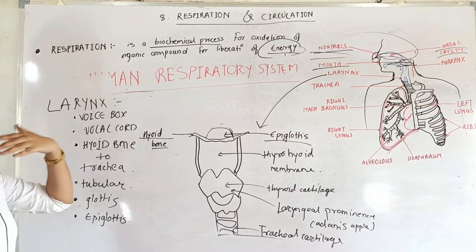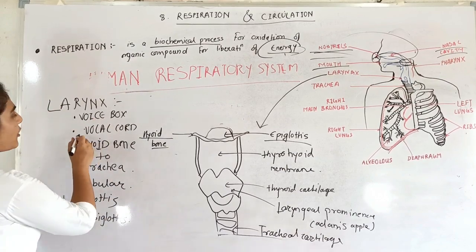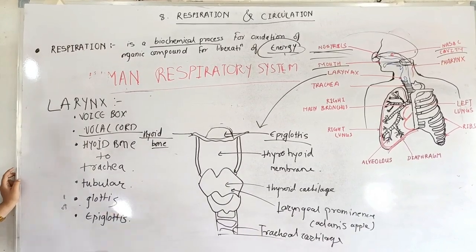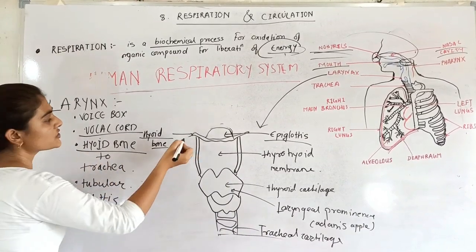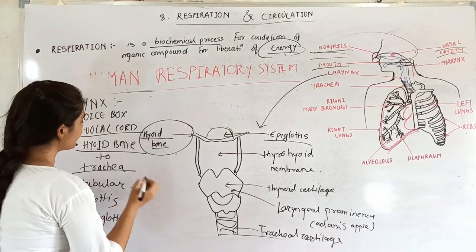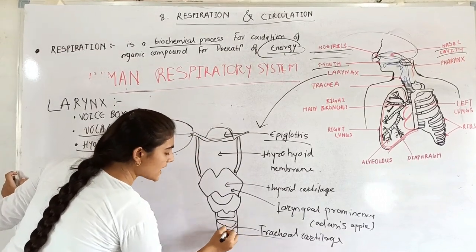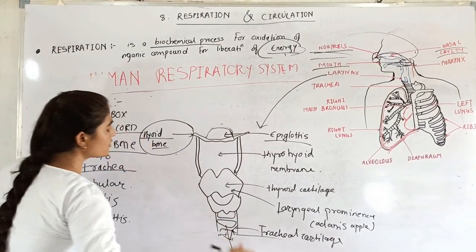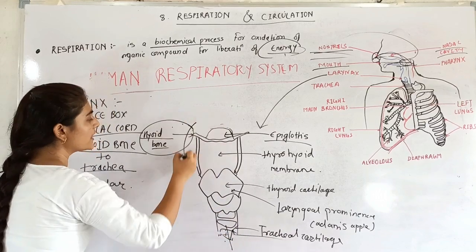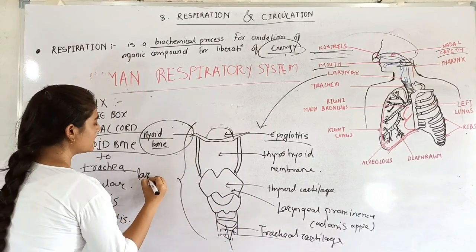That is, voice is generated in the larynx with the help of the vocal cords. Then the hyoid bone is present here, and the trachea starts from here down to the esophagus. This portion from the hyoid bone to the trachea is completely called the larynx.